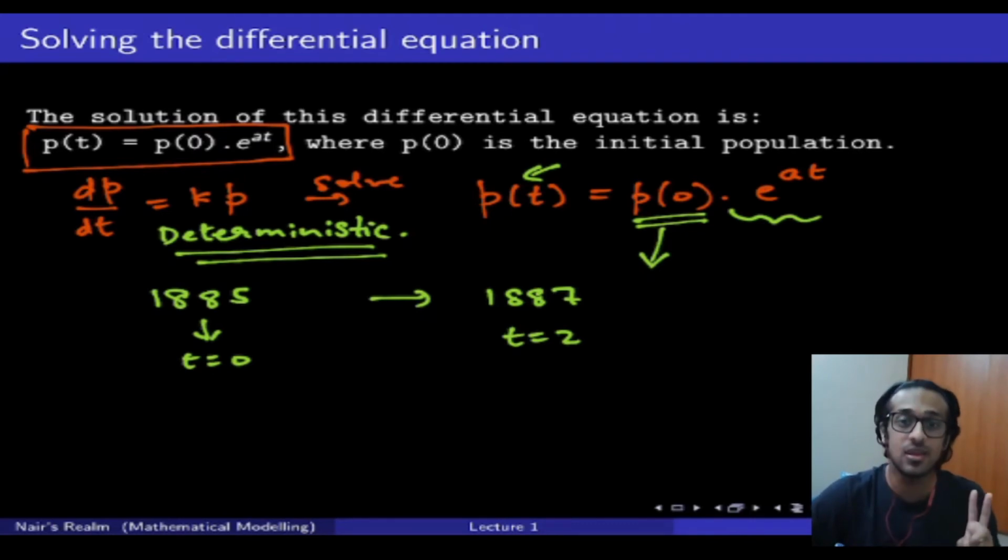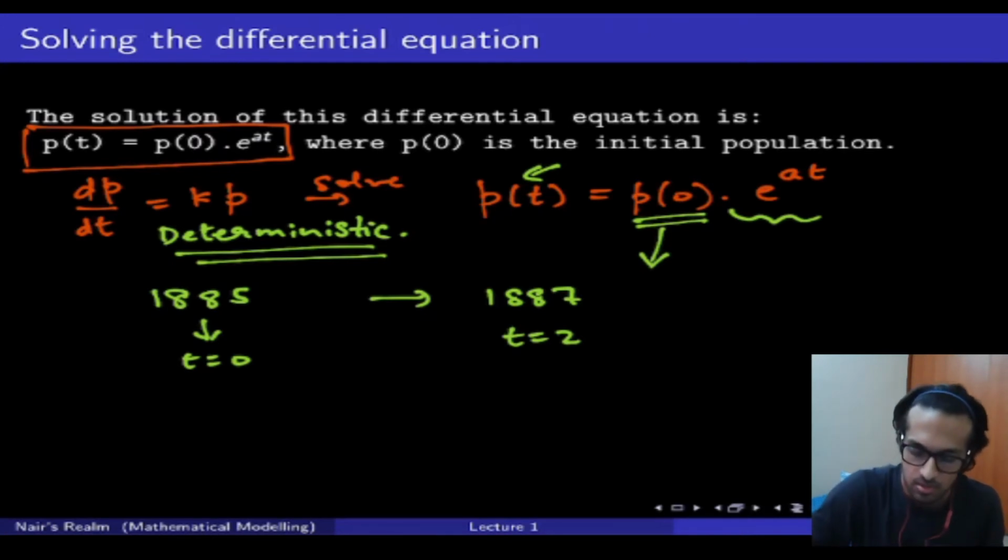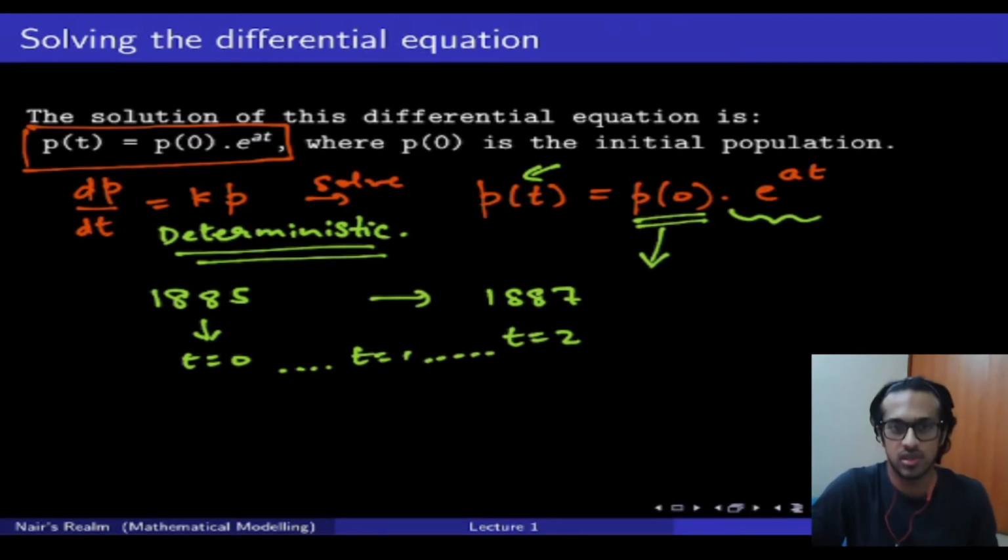The second and more important thing to notice here is that this is a continuous time problem. What I mean by that is between 0 and 2, I have not only t equal to 1, but all possible time instances. I can take any fractional or decimal value as well.